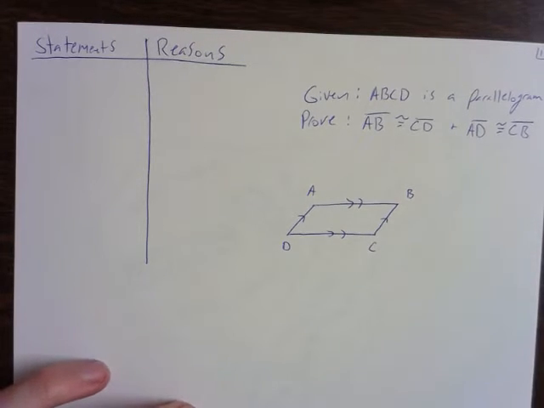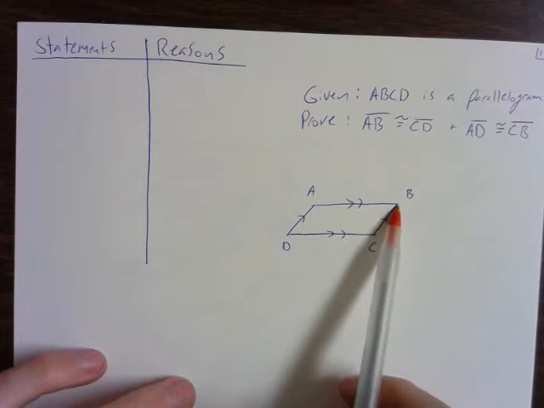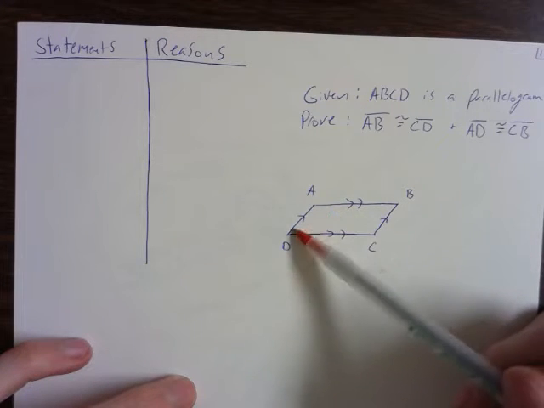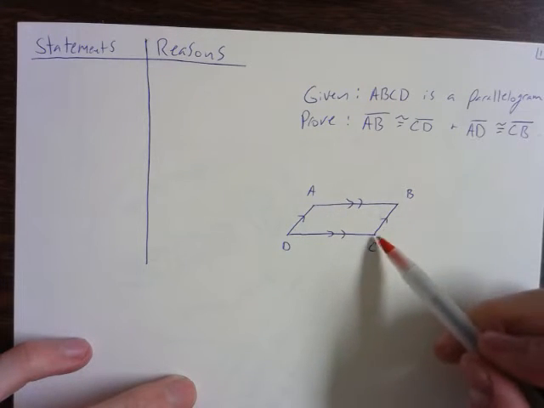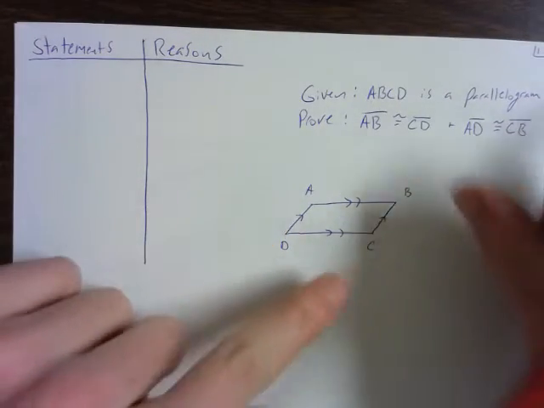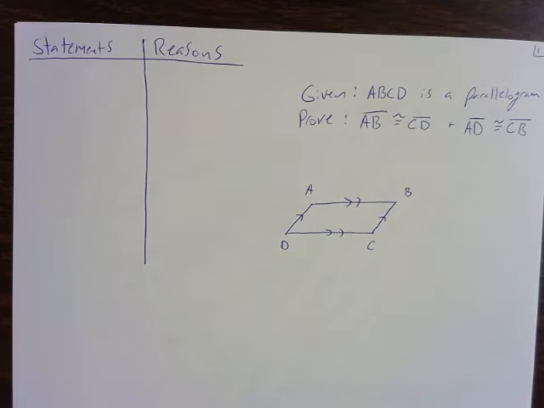So this is a parallelogram, and I want to prove that line segment AB is congruent to line segment CD, and that line segment AD is congruent to line segment CB. So I want to prove that these two lines are the same and that these two lines are the same, okay?